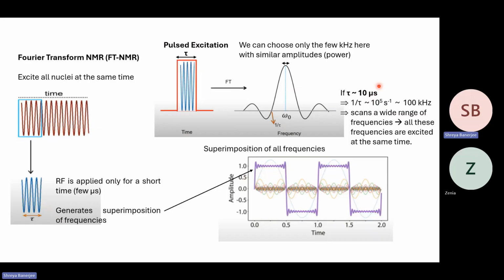So 10 to the power minus 5 seconds. 1 by tau will be 10 to the power 5 second inverse. That is 100 kilohertz. So a wide range of frequency is scanned. 100 kilohertz of frequency is scanned by just applying the RF pulse for a short time of 10 microseconds.